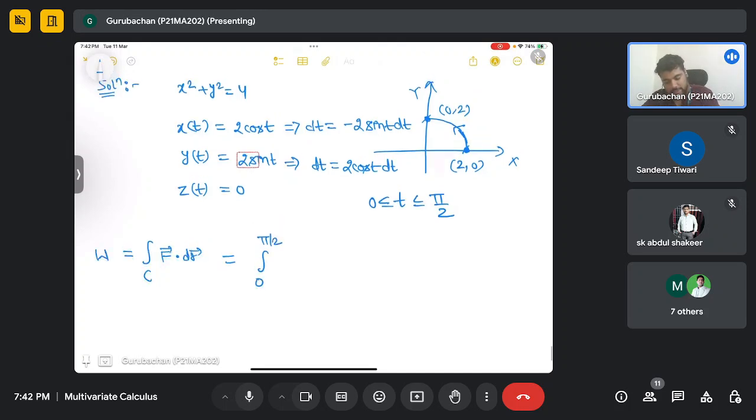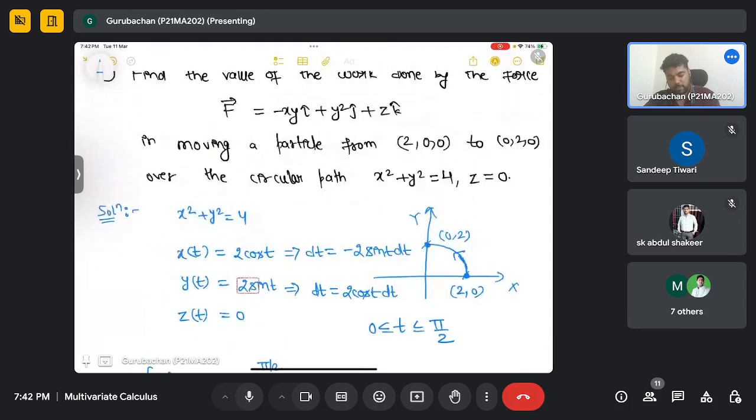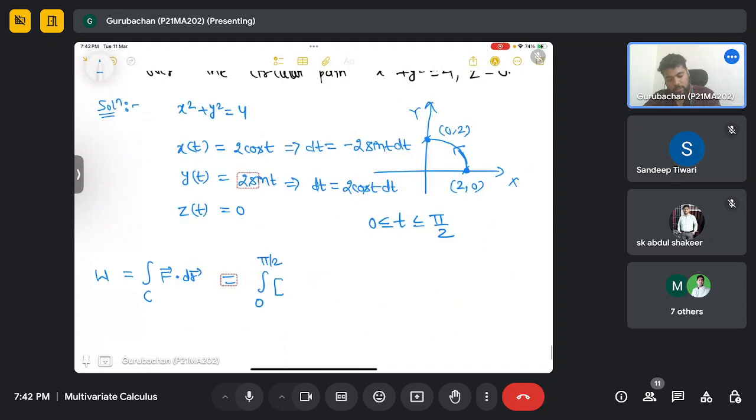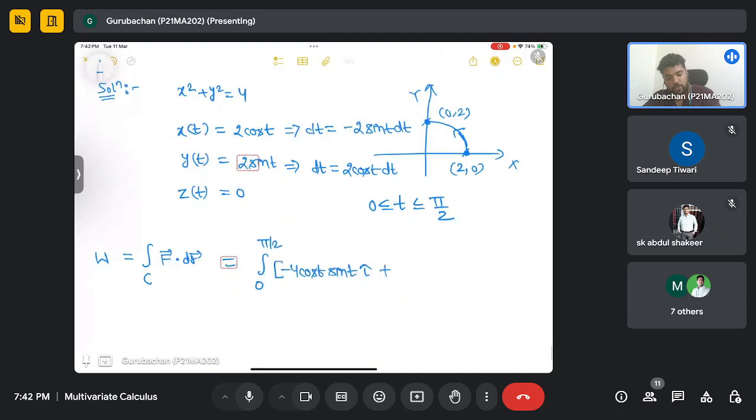Now, what is F in terms of this parametric form? Minus xy means 4 times cos t into sin t with a negative sign, times i cap. The next one is y square, that is 4 sin square t j cap.